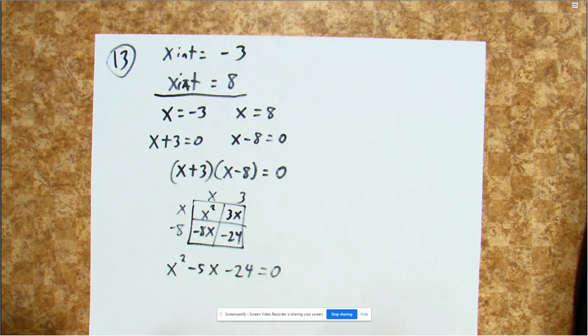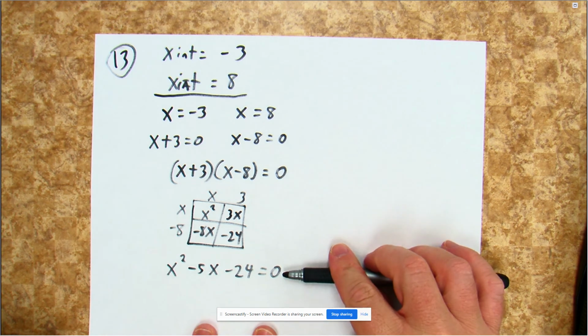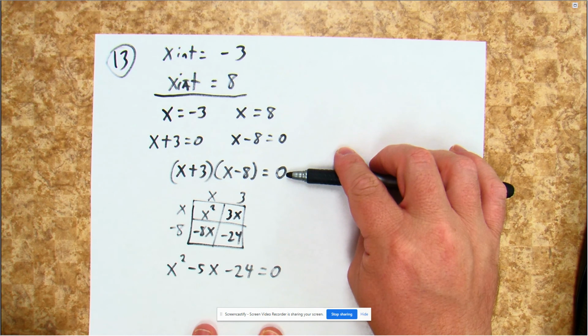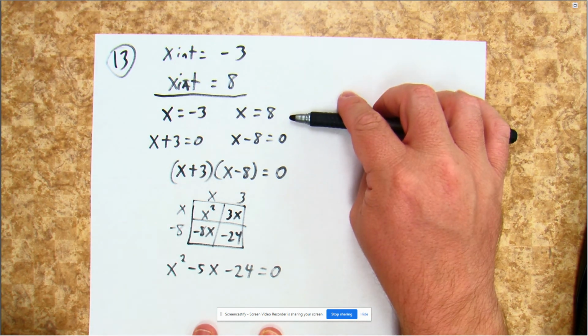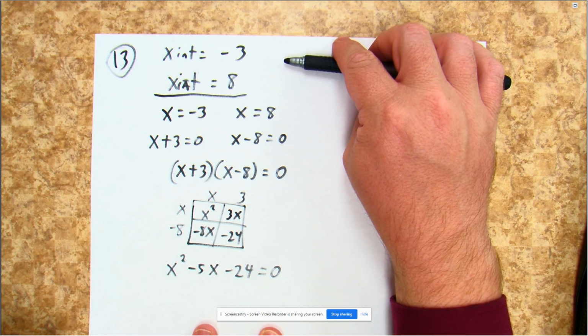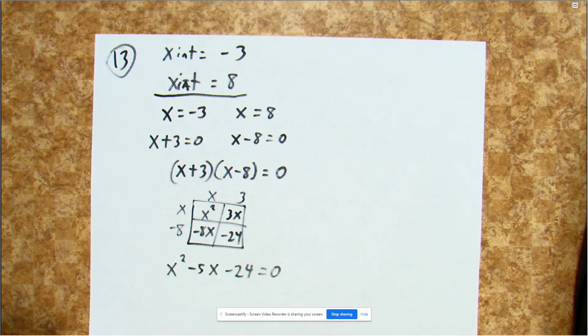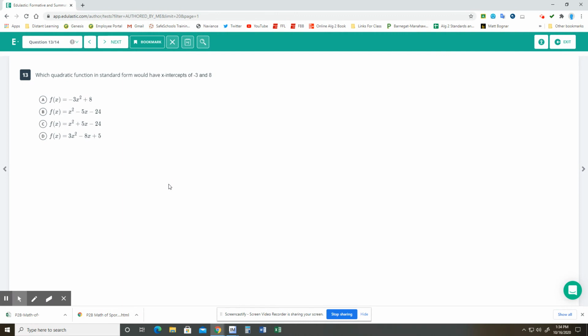It's basically the problem upside down. Typically, I would give you this quadratic to start with. You would factor it into the terms. You would set each of the terms equal to 0 and solve, thus getting the x-intercepts that they originally said they had. There it is. Option B. It's the quadratic that we ended up getting.